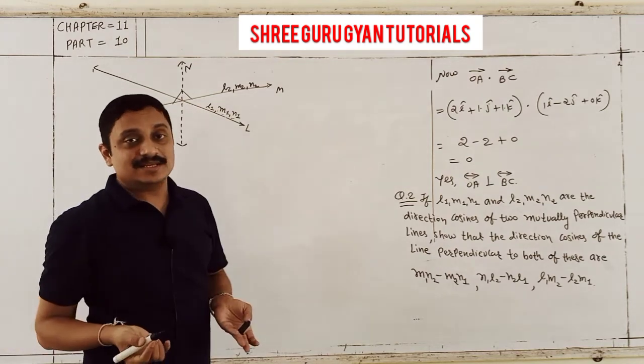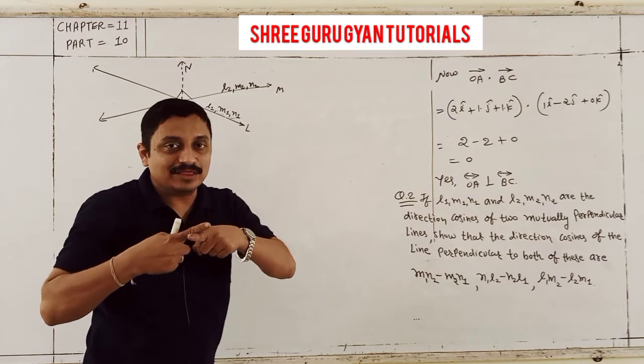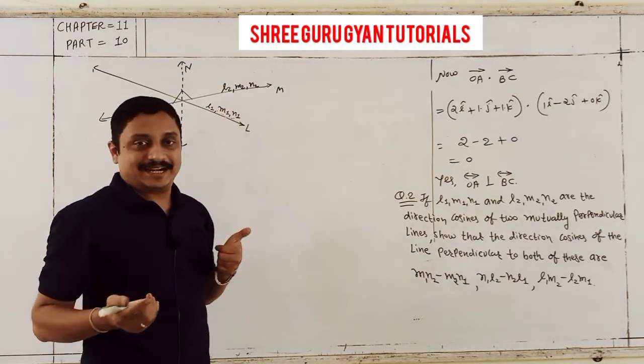So very easy. Being perpendicular already means the cross product of the first direction and the second direction.